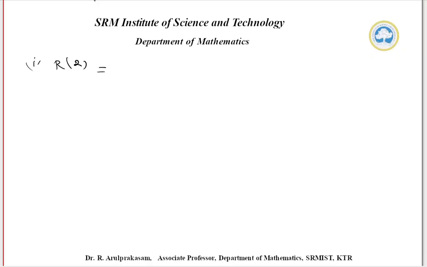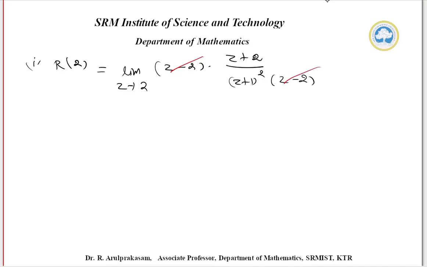So the simple pole formula, you know, is limit z tends to 2 of (z minus a) into f of z. What is my f of z? z plus 2 divided by (z plus 1) whole square into (z minus 2). So I am eliminating, z minus 2 cancels, and substitute z equal to 2.